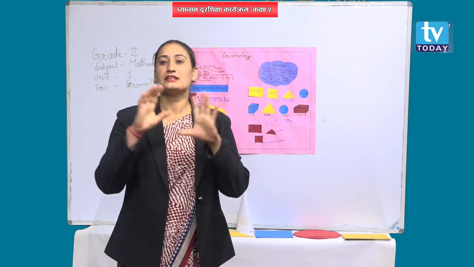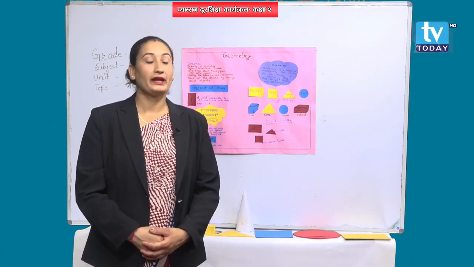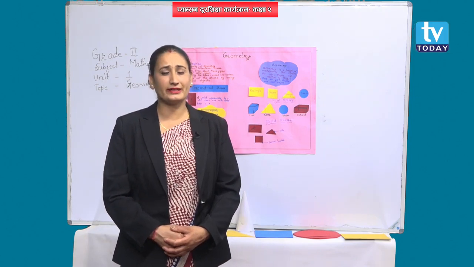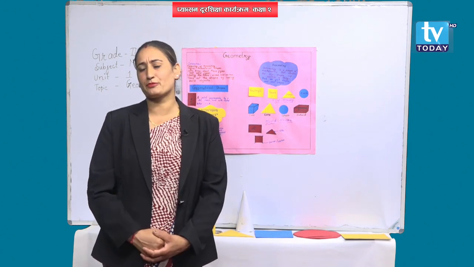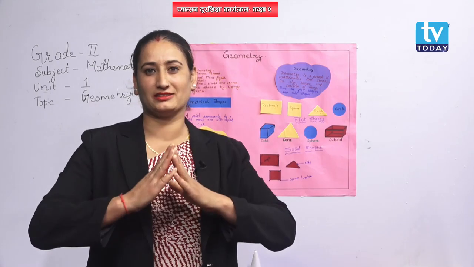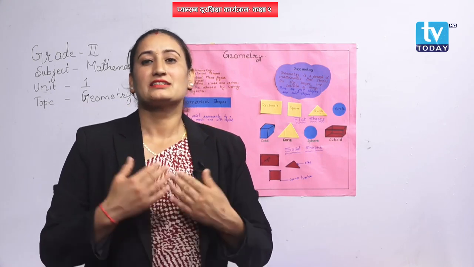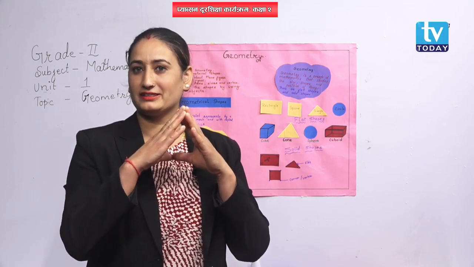It's a square in shape. Good. Now next, triangle. Have you seen the Christmas tree? What is its shape? It's a straight triangle. That means the Christmas tree is also a triangular shape, right?